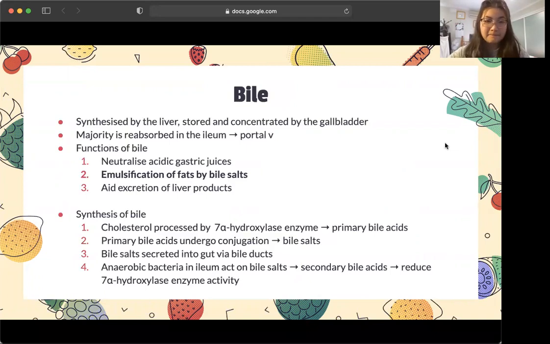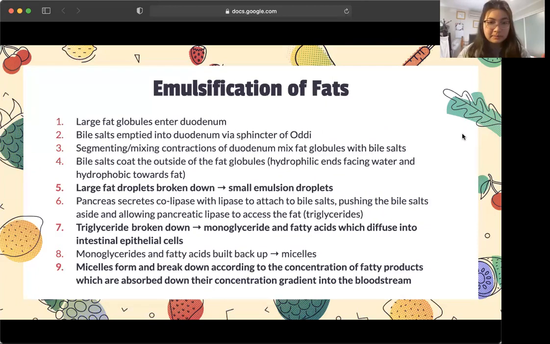Okay, bile, which is created by the liver and stored and concentrated in the gallbladder. The main purpose of bile is to emulsify fats with the bile salts. Basically, it helps with the breakdown of fats, so your pancreatic lipases can get to it a little bit easier and break it down into its parts.